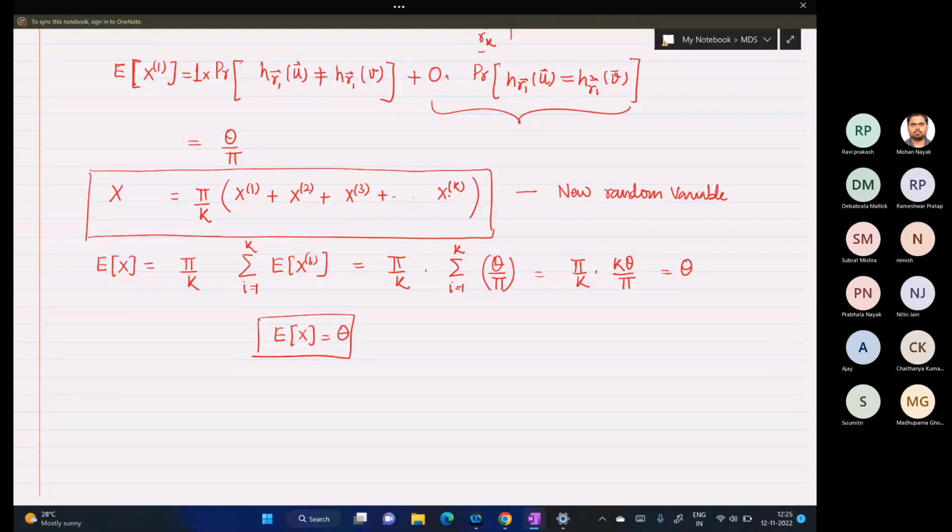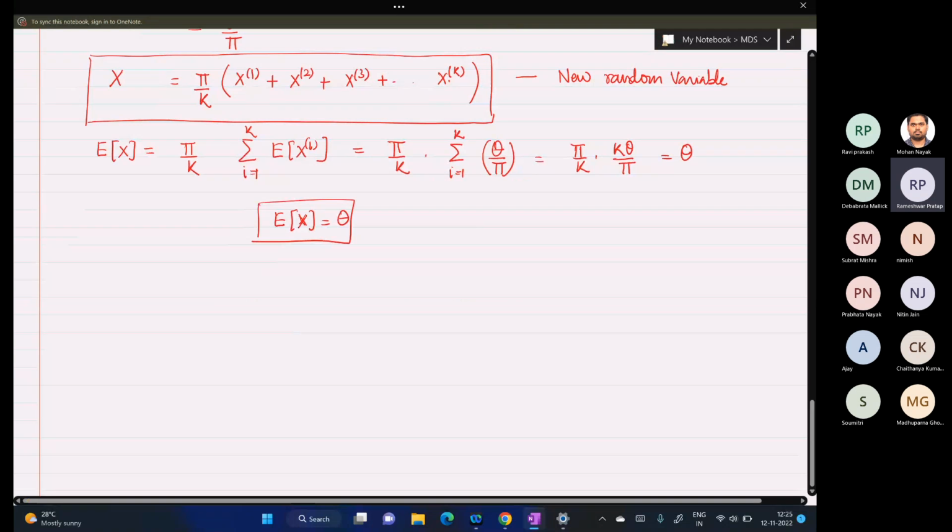If we take the expected value of our new random variable, it is theta, the angular similarity. Is this part clear?